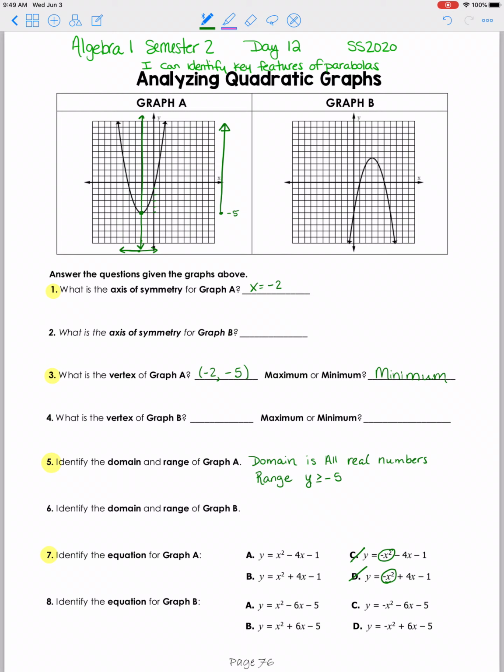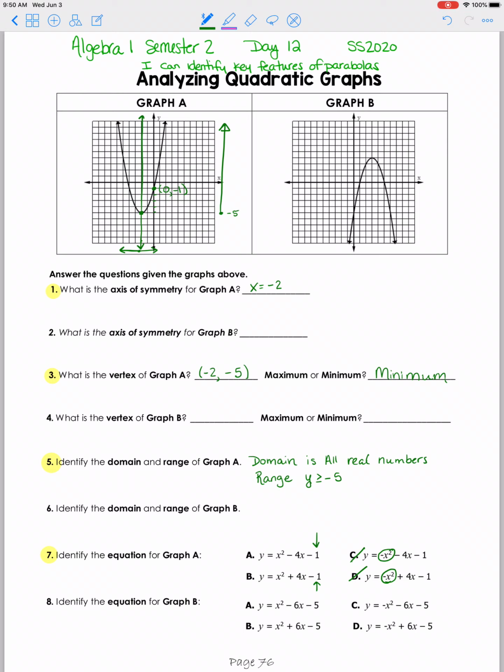Now we want to decide if we are going with graph A or graph B. The next easiest point to check is your y-intercept. This graph has a y-intercept at (0, -1). And the c value of our parabola is the y-intercept. Well, both of those y-intercepts are still at -1, so that doesn't help me to figure that out.